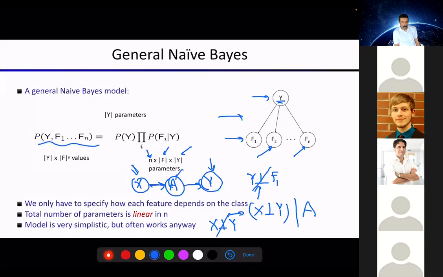But if we know about A, so for example, if somebody tells us that A is rainy today, if this is about the weather condition, then we know that X and Y are independent, right? That makes sense.